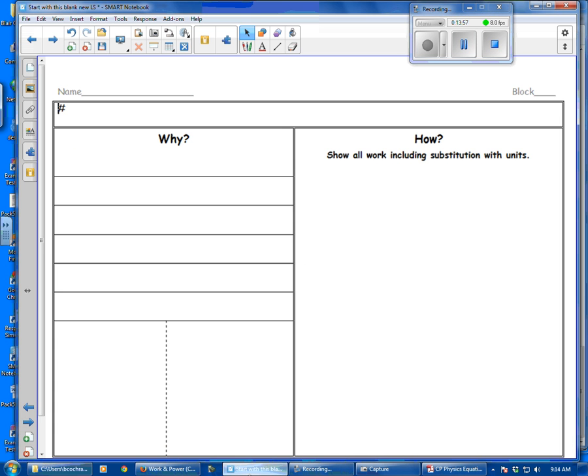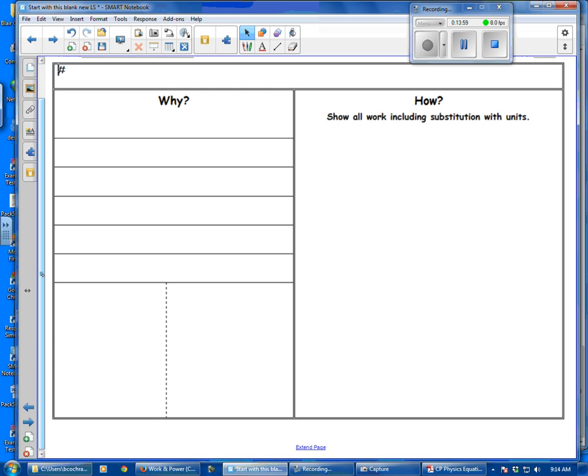One thing I'd probably start off with in my Y for number 6 is that work is done when force and distance are in the same direction.